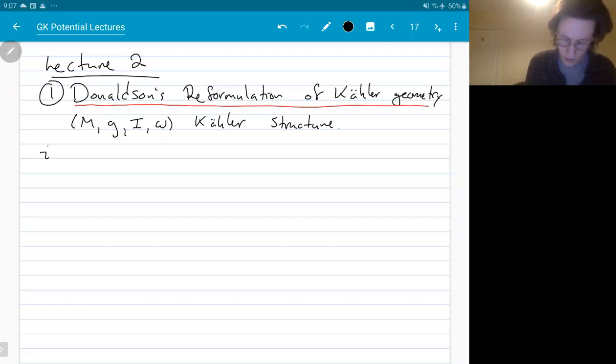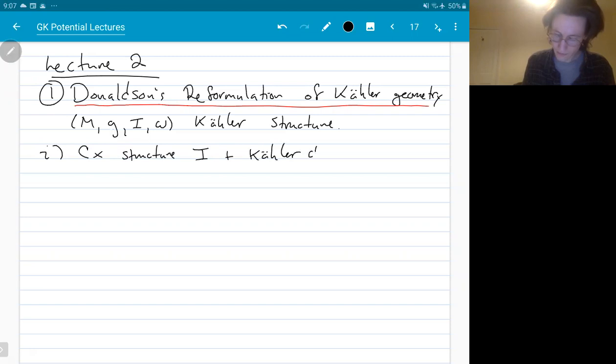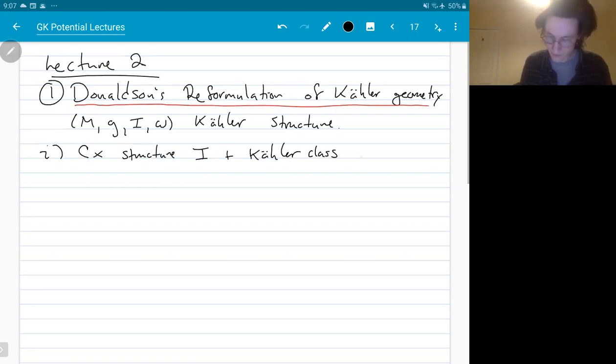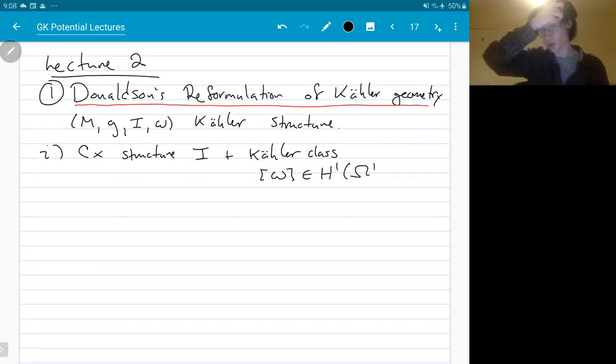The first part is the complex structure plus the Kähler class. And the Kähler class, we can think of it as H^1 of Ω^1, because it's a (1,1) form. In fact, you could think of it as H^1 of Ω^1 closed.